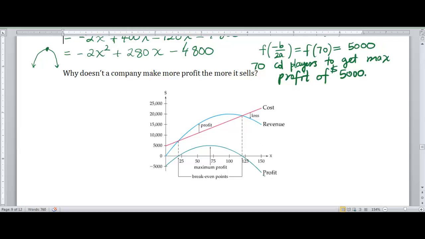When you graph all this, before making 20 CD players, the company is losing money. Between 20 and 120 CD players, they're making money. And producing more than 120 CD players, they're also losing money. And where is the max profit being made? At 70. So you can see that's the apex or the vertex of the profit function.